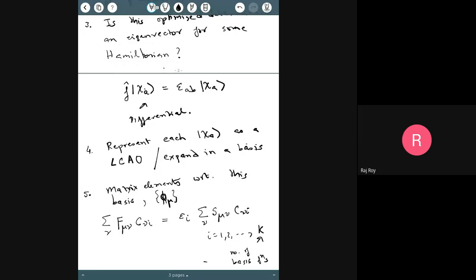So there is a big difference between this equation 1 and this equation 2. From equation 1, we had identified the diagonals of epsilon AB as the energies of the spin orbitals. And these spin orbitals are the orbitals of the molecule, so they are what are called molecular orbitals.